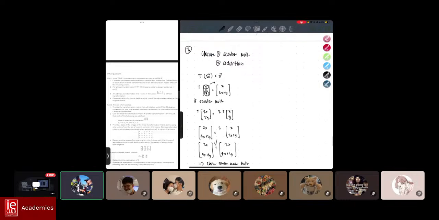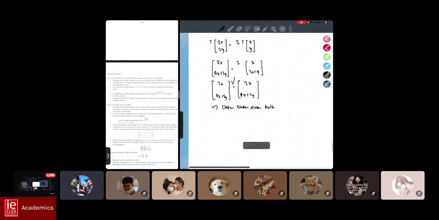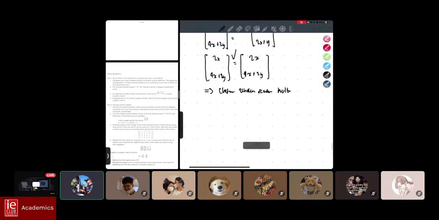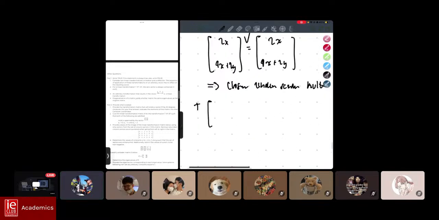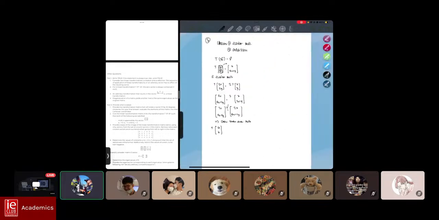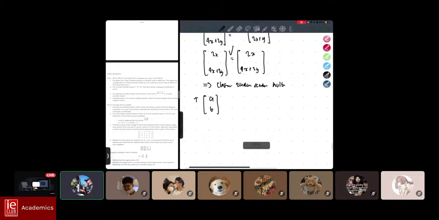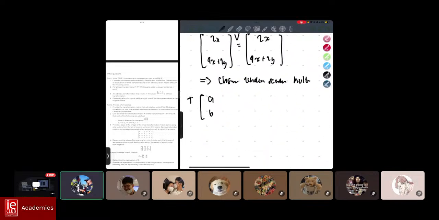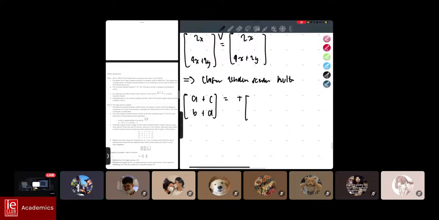Lastly, let's check if there is addition. For addition, we will have to use arbitrary numbers. So let's transform (a, b) and (c, d). If this is a true transformation, it follows that if you add inside, T of (a + c, b + d), this is equal to the transformation if you added them outside instead of inside.